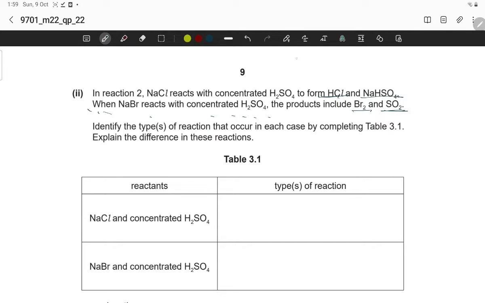NaCl reacts with concentrated sulfuric acid, H2SO4, to form NaHSO4 plus HCl.